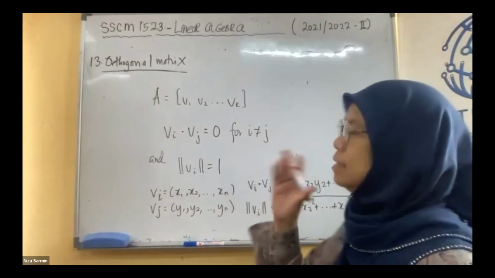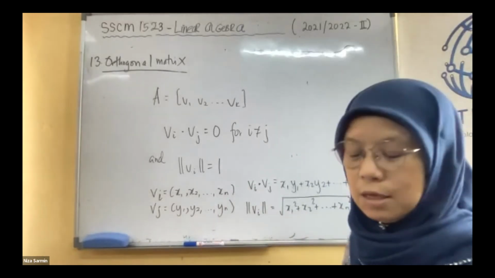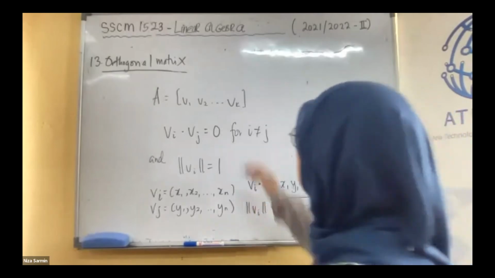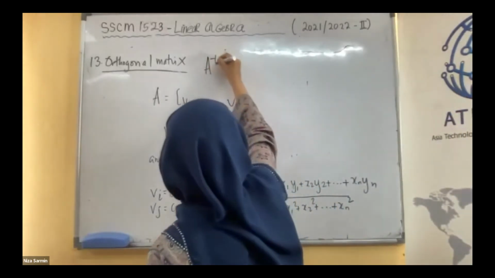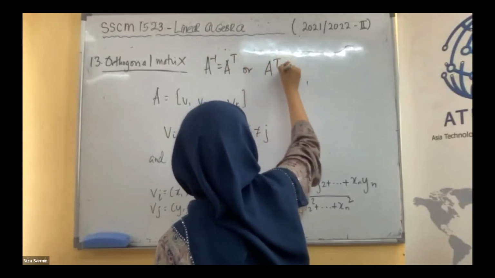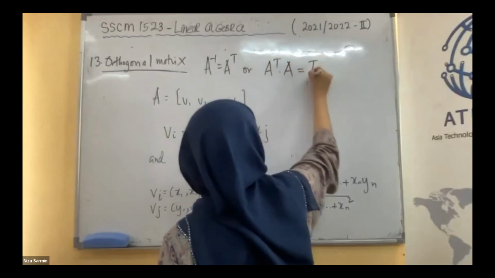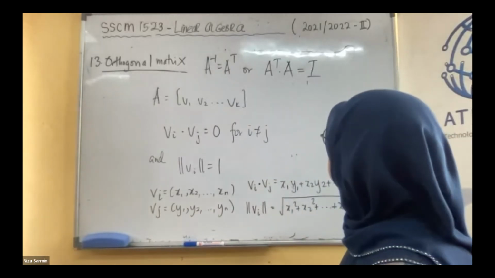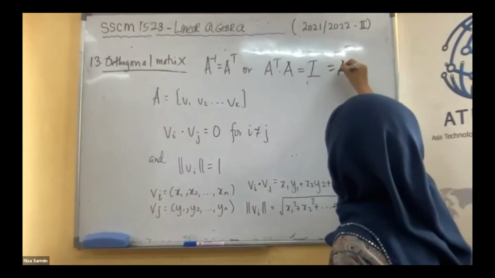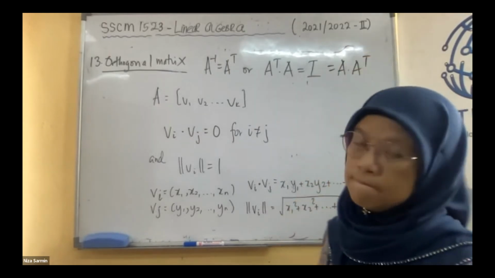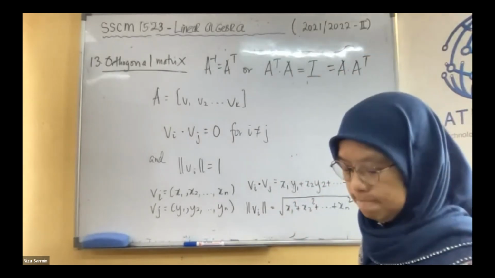But in this class, because we're dealing with matrices, an orthogonal matrix is such that A inverse is A transpose, or A transpose times A is I. This is equal to A times A transpose also.